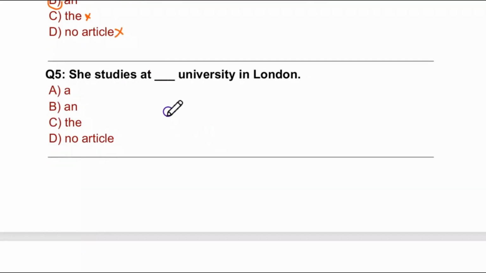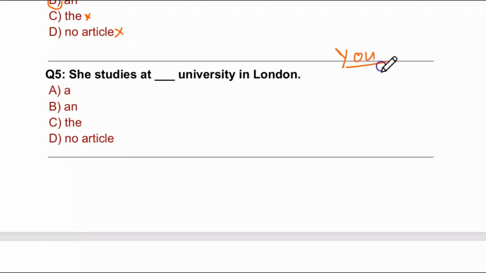Question 5. She studies at blank university in London. Let's ask ourselves, what's the first letter sound? Is it a vowel sound or a consonant sound? University.